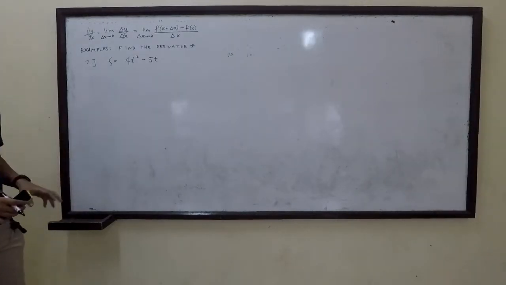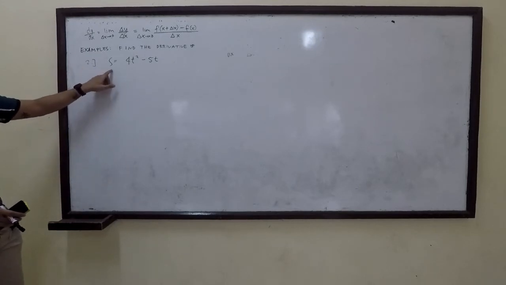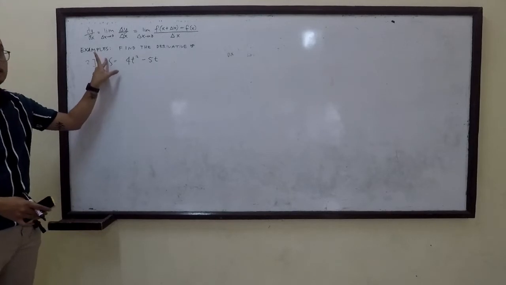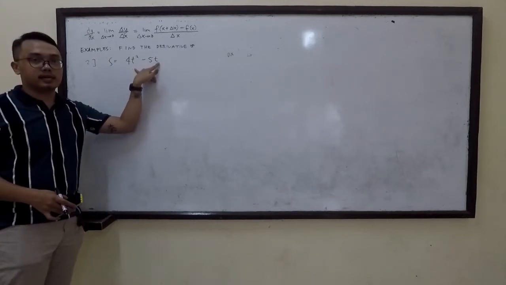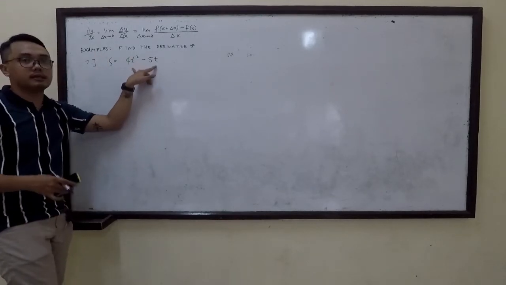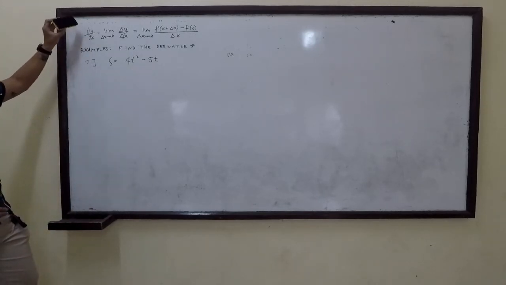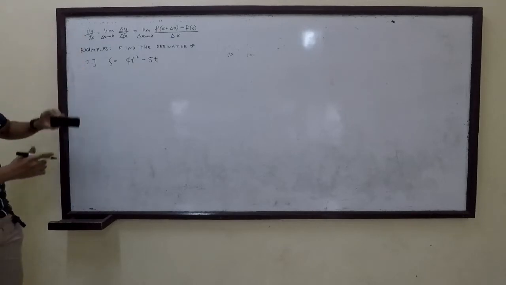For the second example, this is a little bit different because we notice that the dependent variable is s instead of y, and that the independent variable is t instead of x. So to find the derivative, we're just going to simply replace this.